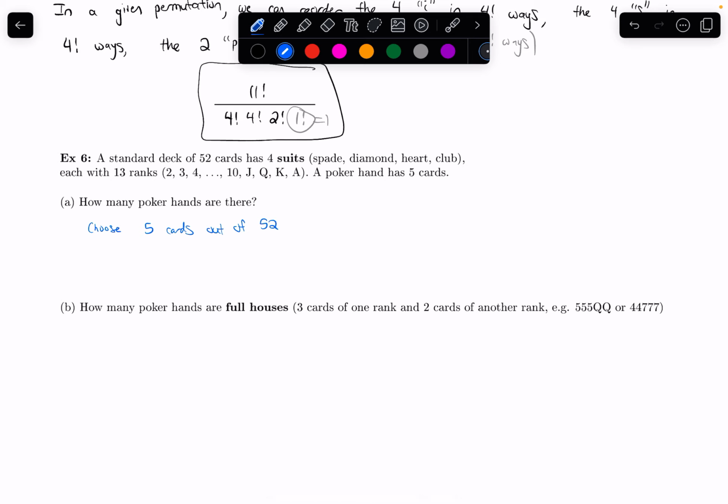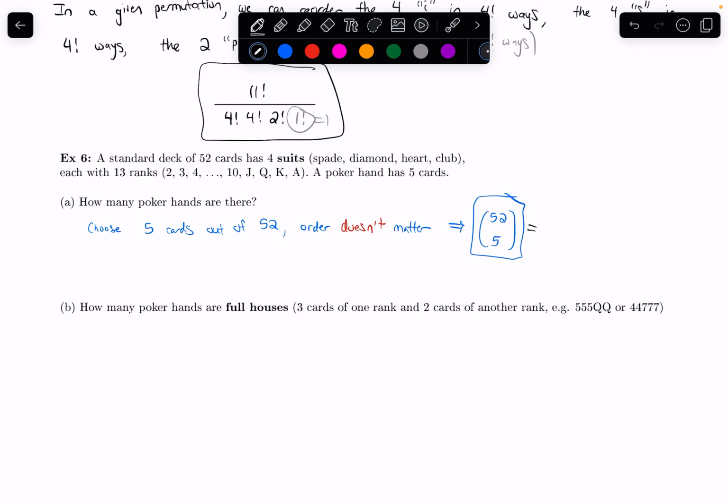And when I do that, the order in which I pick the 5 cards doesn't matter. Order, I'm going to put this in red, order doesn't matter. And because order doesn't matter, we use combinations. We are going to be doing 52 choose 5. And that's my answer. It's totally fine to leave it like that.